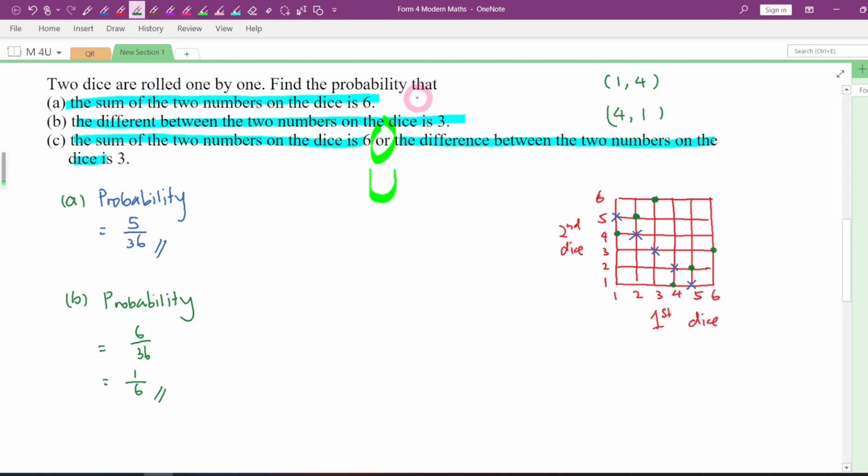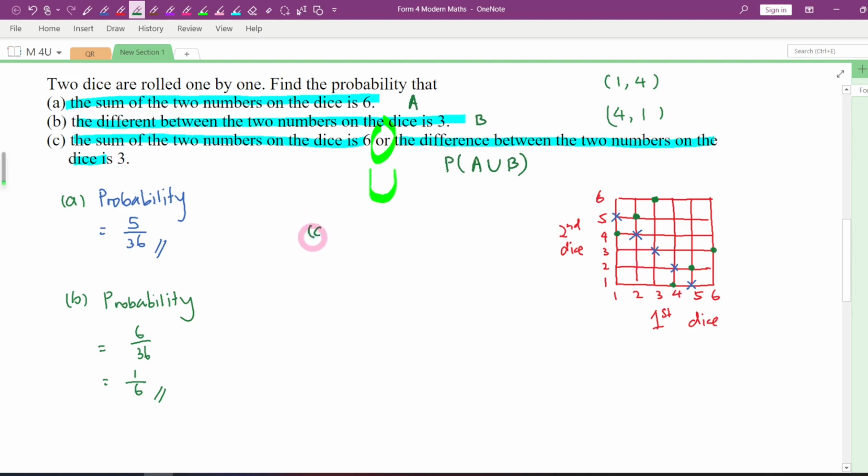So if this is event A, this is event B, part C is actually asking us to find the probability of A union B, right? You will notice that these two events, A and B, do not have any common element, right? They are mutually exclusive events.